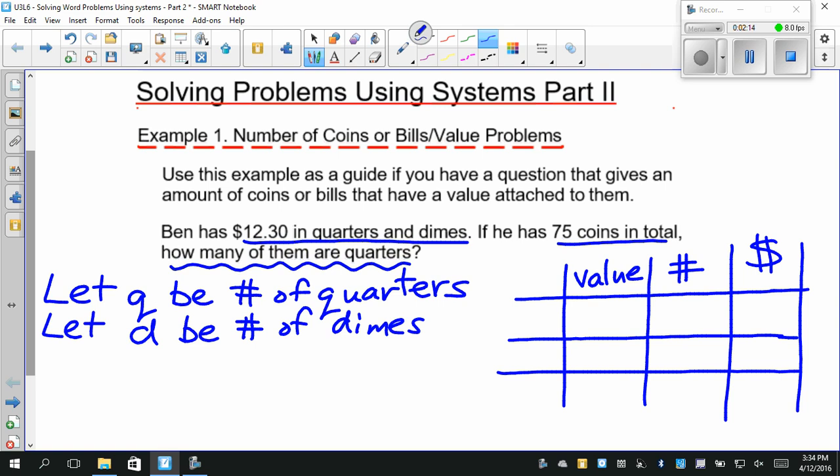So when I'm going to fill this in, these are my quarters here. These are my dimes here. And this is my total here. So kind of similar to the distance, speed, time problems.